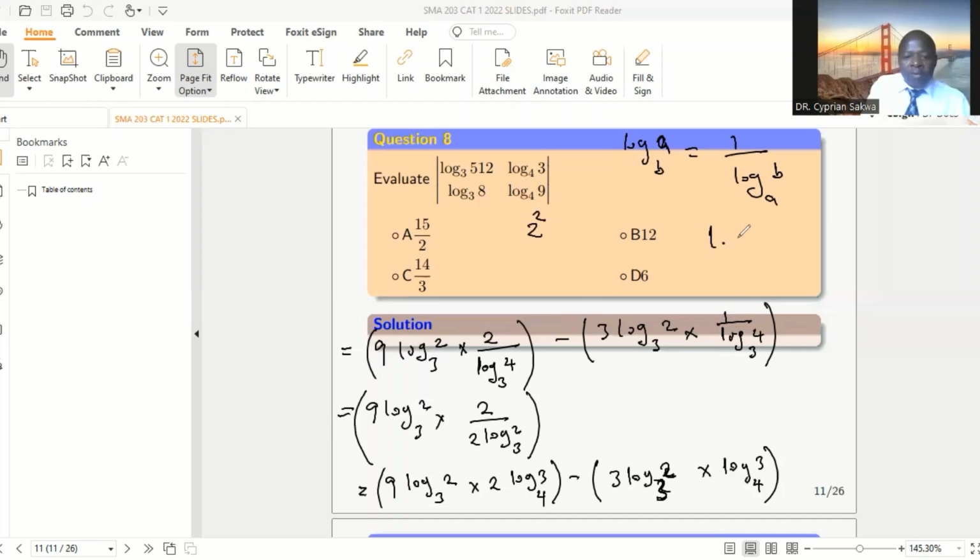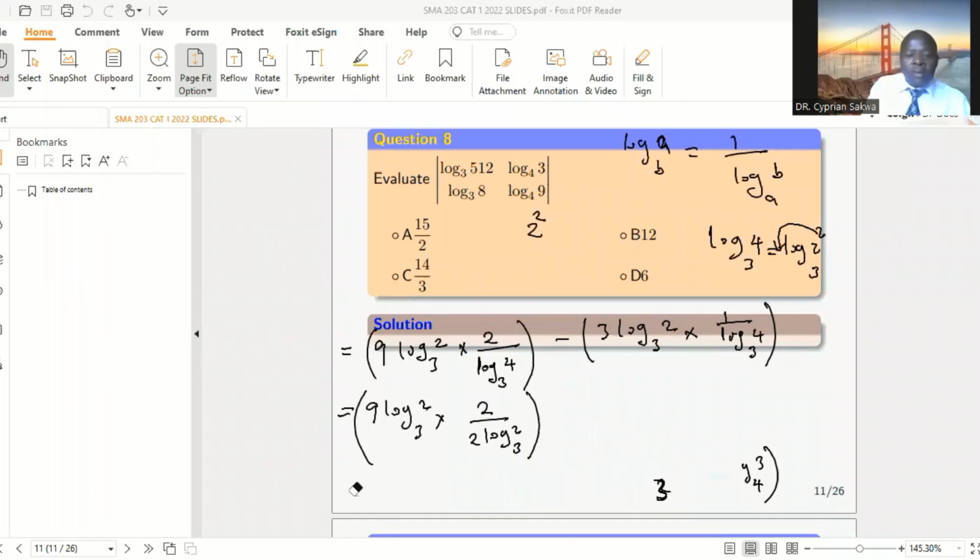I have log of 4 to base 3, but this is the same as log of 2 raised to 2 base 3. And using the law of logarithm, we know that this power comes down. That's what happened. You can see 2 has come here. I do not require what is at the bottom, so let me just remove it because we already have written what we want.